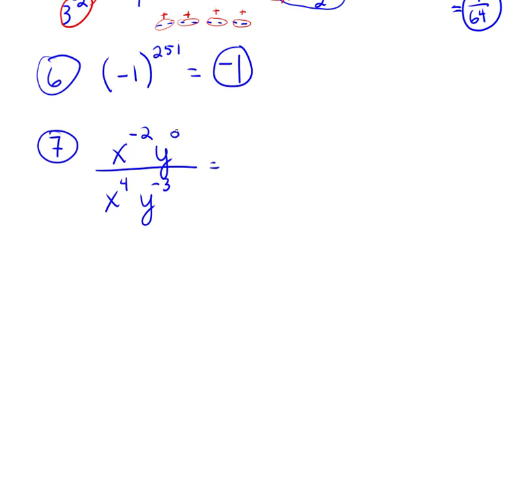This one right here will simplify to 1 because anything to the 0 power is 1. This negative 2 power, notice how I circled the base number with the x, will move down into the denominator to become a positive exponent. This x to the 4th will stay. This y to the negative 3 power will move to the numerator and the exponent will become positive.